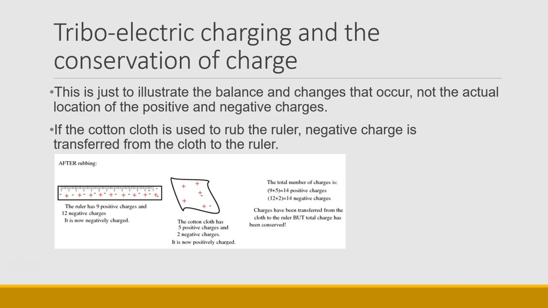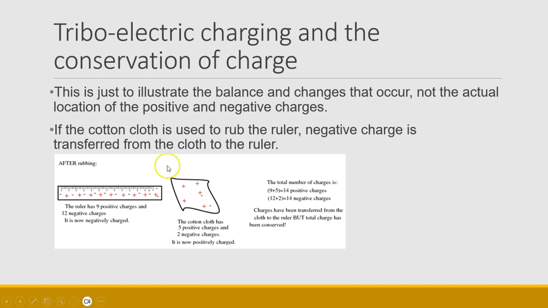But for now, I just want you to note that because electrons have moved from the cotton cloth to the ruler, the ruler now becomes negatively charged because it has gained electrons. And the cotton cloth is now positively charged because it has lost electrons, so now it has a deficit of electrons.